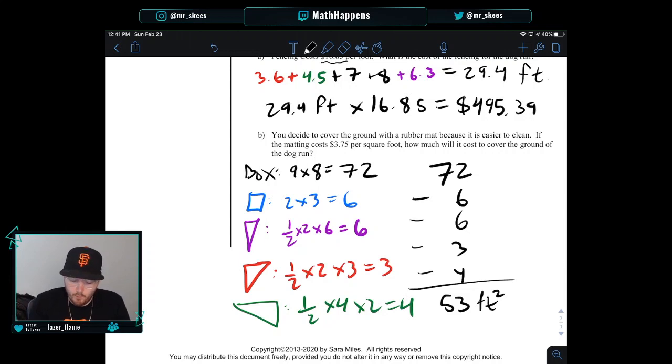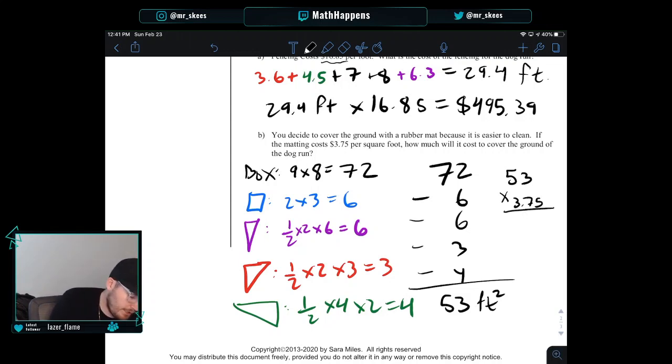So, if every square foot is $3.75, take that 53 and multiply it by $3.75, and the total cost is $198.75.